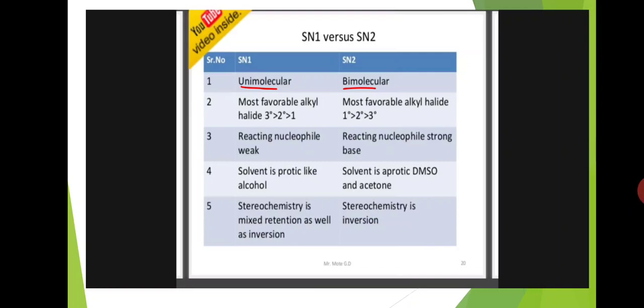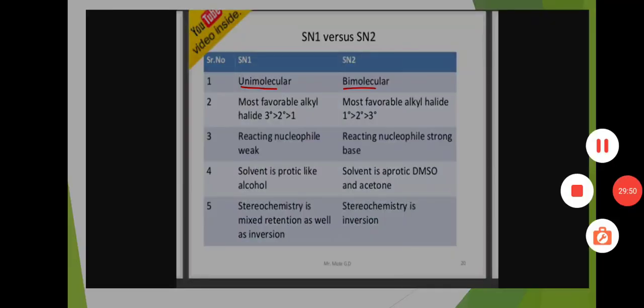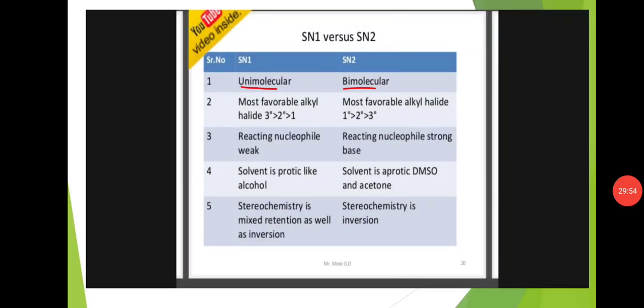That's why in the SN2 reaction the inversion product is formed. The most favorable alkyl halide is tertiary in SN1 and primary in SN2. Okay, already completed that.